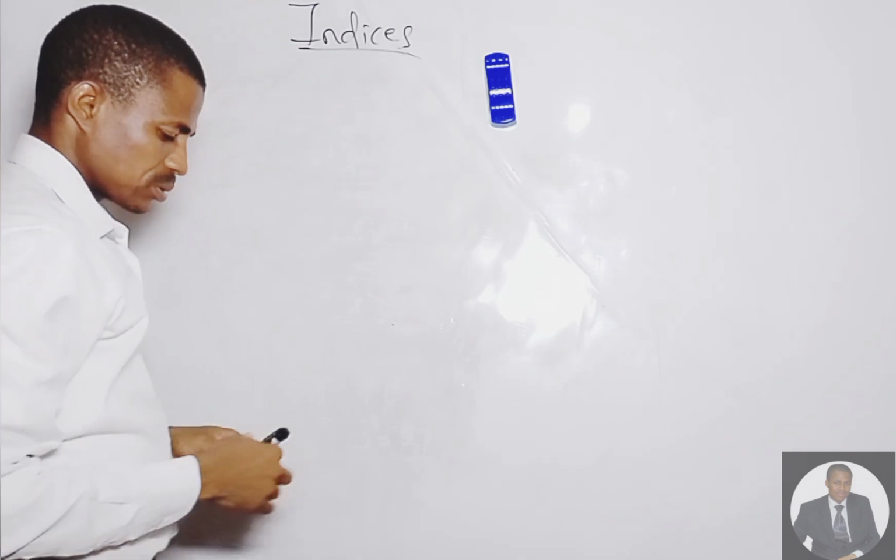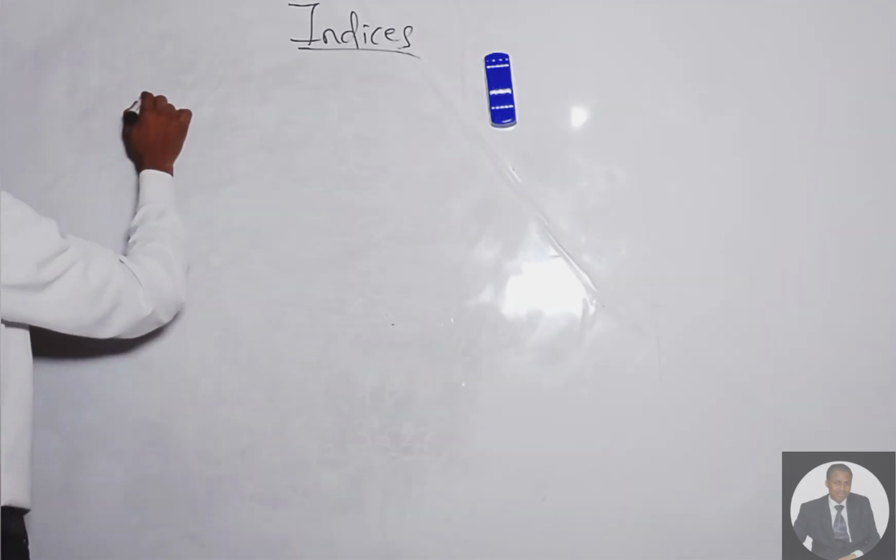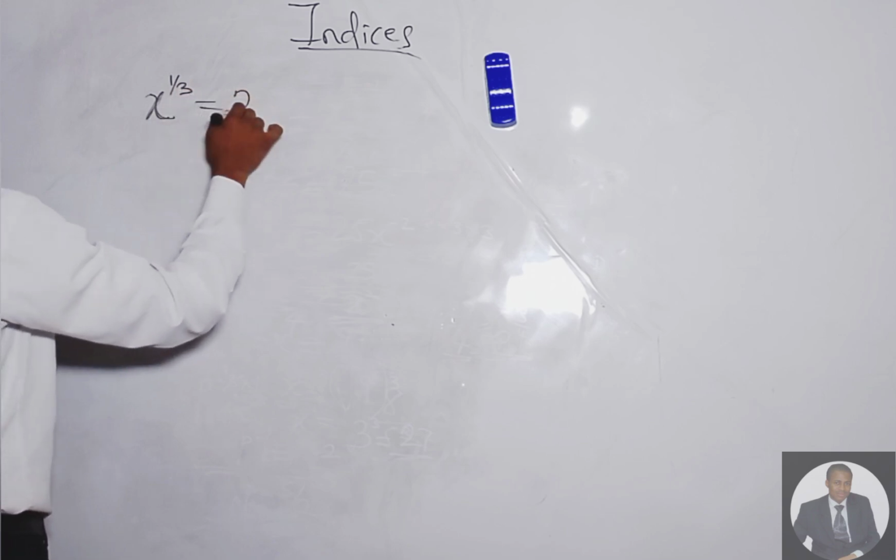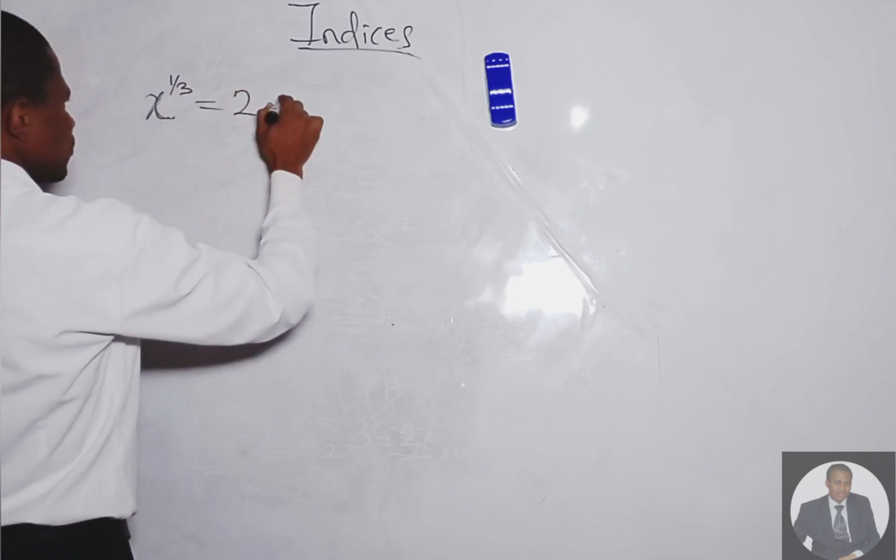Yet another question, x raised to power 1 over 3 equals 2. How do we find x?